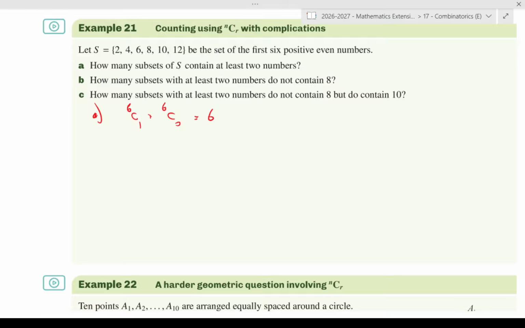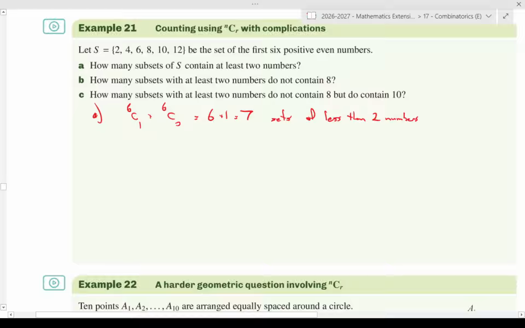And there is only one way I can choose no numbers, and that's by choosing no numbers. So that means there's 7 different ways I can choose: 7 sets of less than 2 numbers. So we're using the complement again.